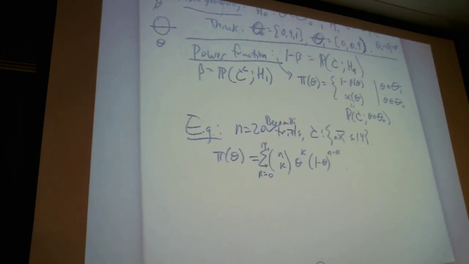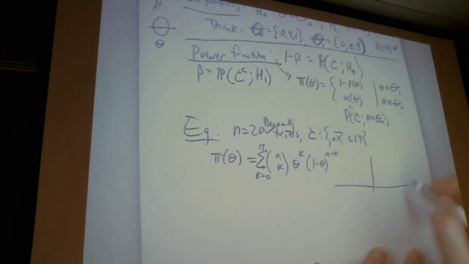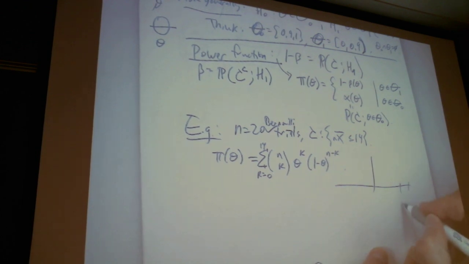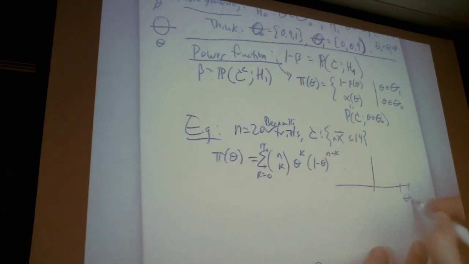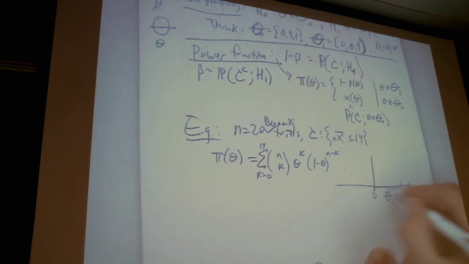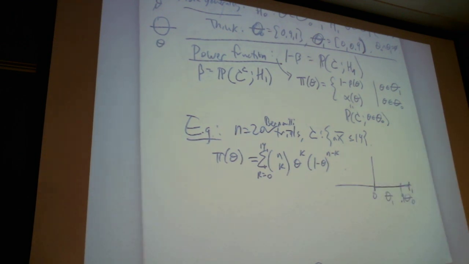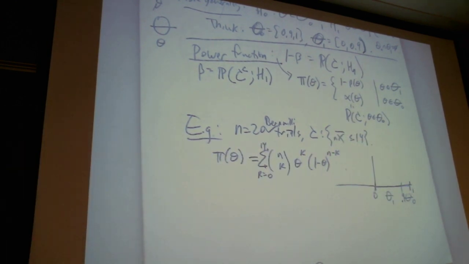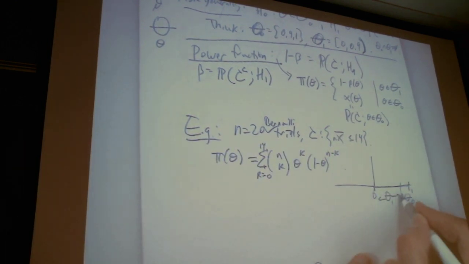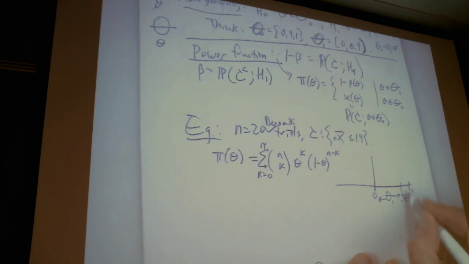And we saw what it looks like. These are the values theta 0. These are the values theta 1. We were testing 0.9. Here's 1 to 0. That's the total domain of parameters. And then the power function as a function of that, so this range is theta 1, this range is theta 0.